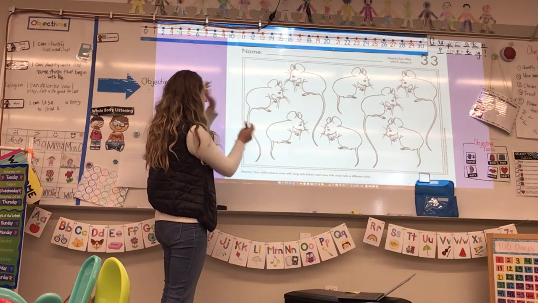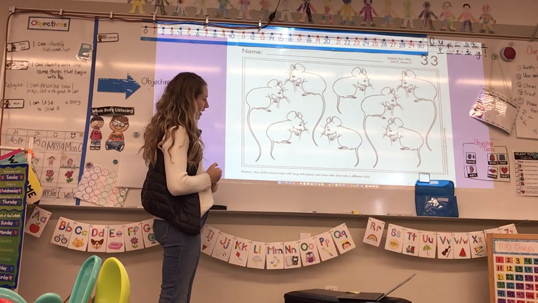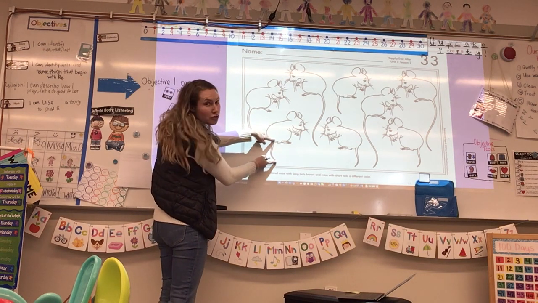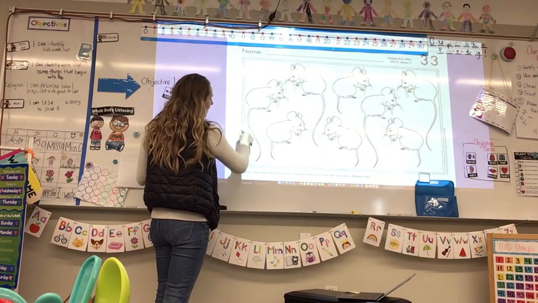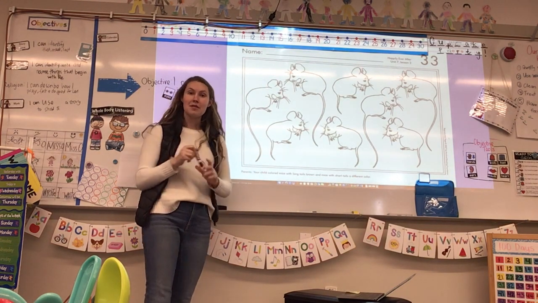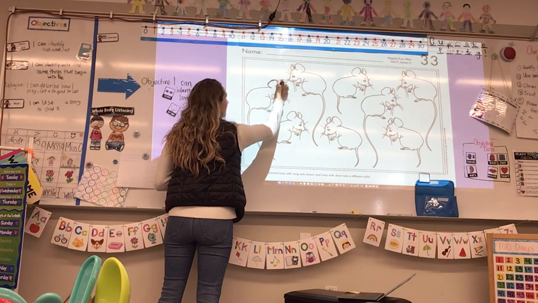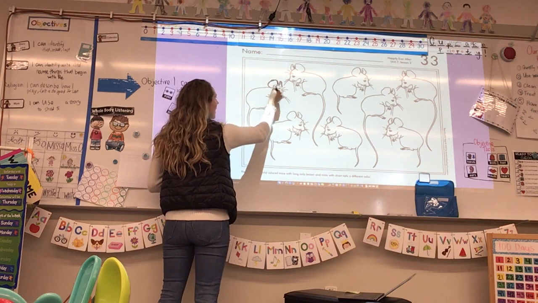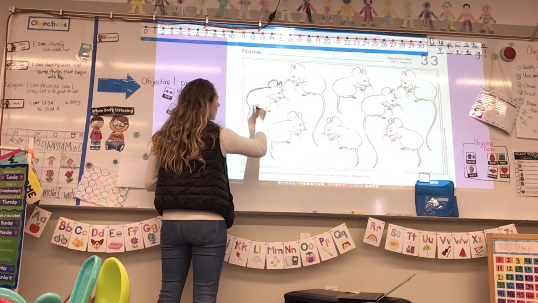I see these 2 mice right here. Now I need to see which one has a longer tail. This mouse has a little short tail, so that's not what I'm looking for. But this mouse has a really nice long tail. Now my job is to color that mouse in brown. So I'm going to color in the whole mouse. I'm starting by outlining so that I can do nice coloring in the lines.